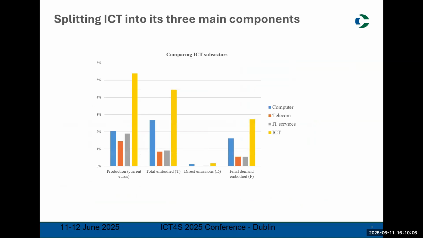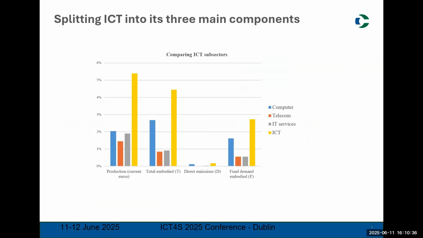If we now break down these ICT results into subsectors of ICT, so hardware, computer, telecom services, and IT services, we can see some insightful results. The first histogram on the left shows subsectors' economic importance in monetary production.